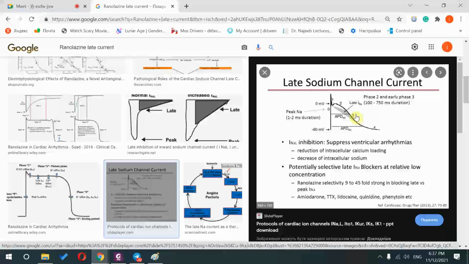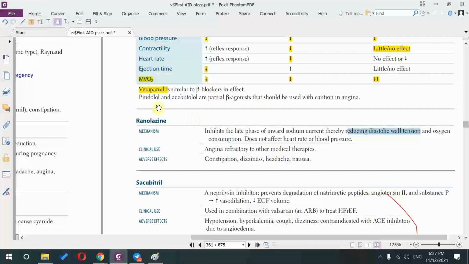That leads to multiple things. First of all, the plateau, it used to be, oh, let me ask you this. When did the heart contract in case of the typical cardiomyocyte? Which phase? Okay, good. So if ranolazine works there, as you can see, that will lead to weaker contraction.